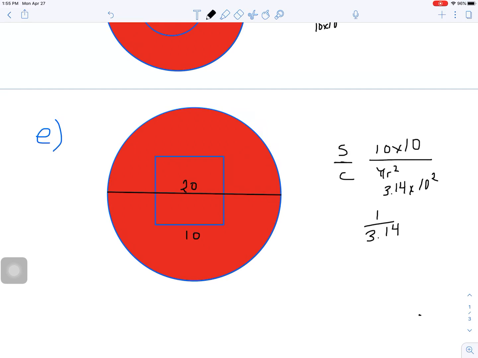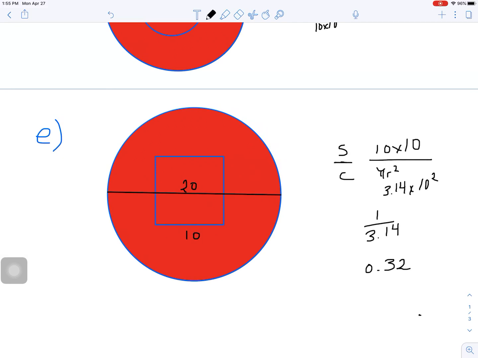So if we divide that on our calculators, 1 divided by 3.14, we should get a decimal number. So we go to our calculator, 1 divided by 3.14 equals 0.32, right?